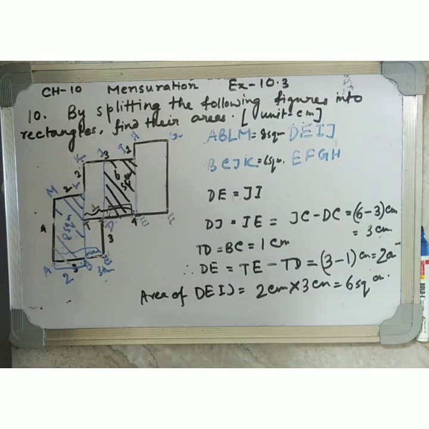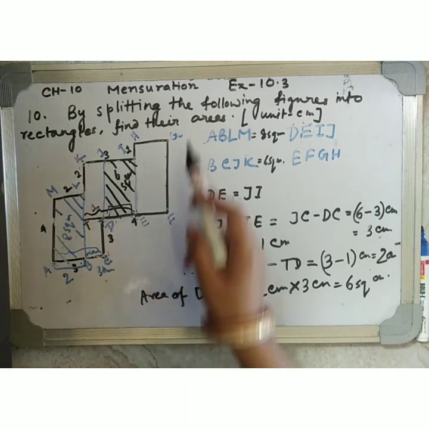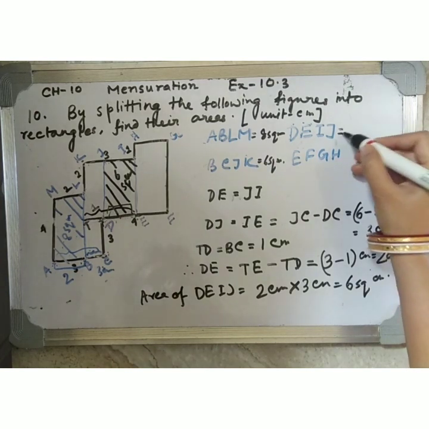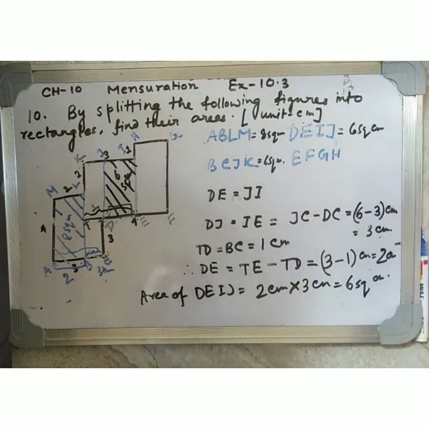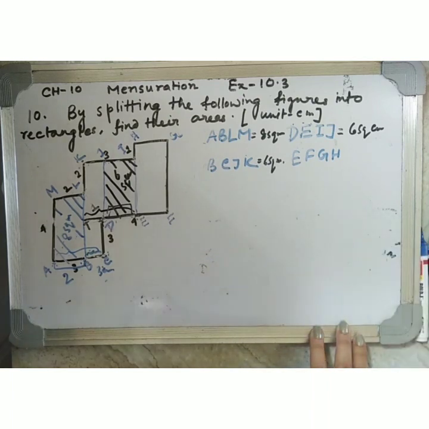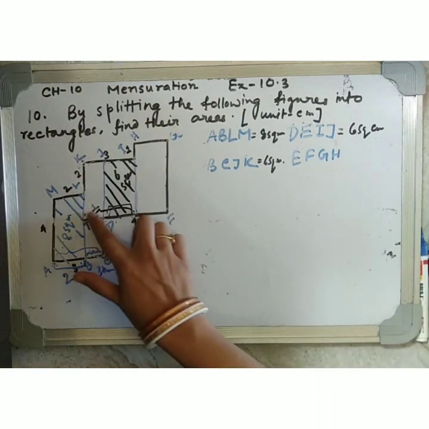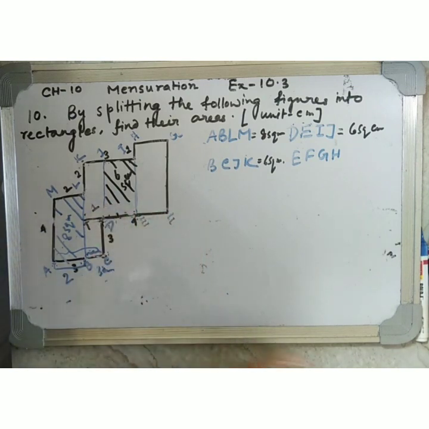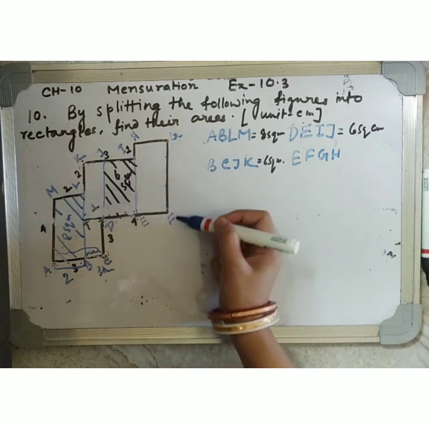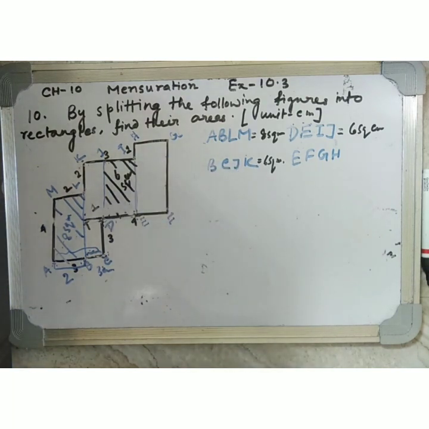Now how can we find the area of EFGH? So here we can also write 6 square centimeter. Now let's find the area of EFGH. Now see what can we do. First we have to find the length of EF or GH and GF or HE, isn't it?